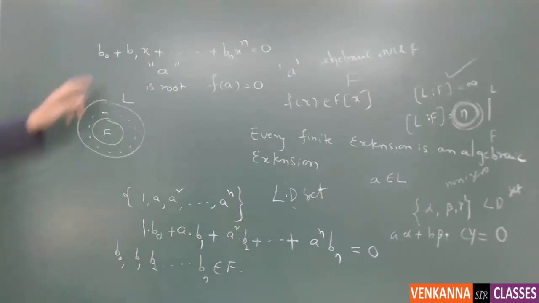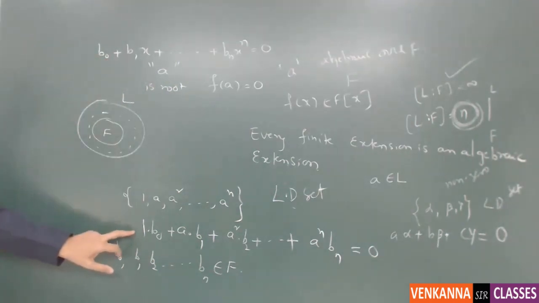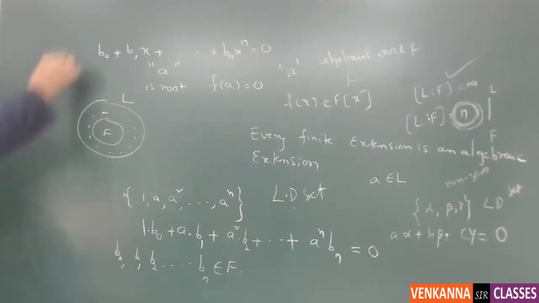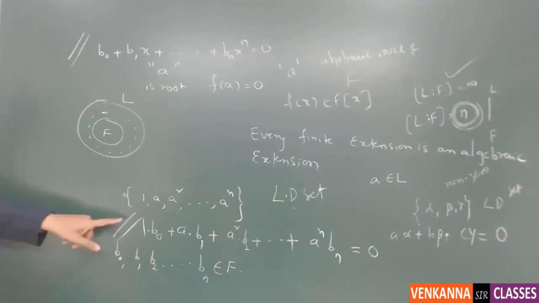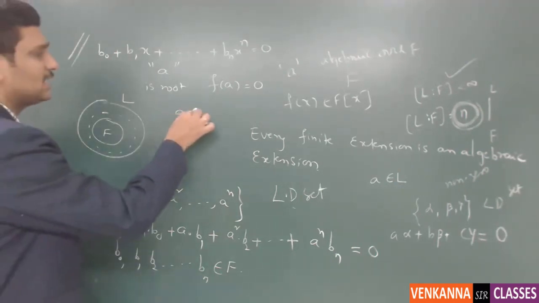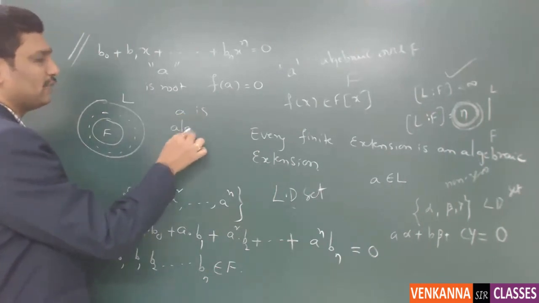See, if I substitute A there, I am getting 0. You correlate the two values. Therefore, A is a value satisfying a polynomial, and the coefficients of the polynomial belong to the field F, isn't it? Therefore, by definition, A is algebraic over F.